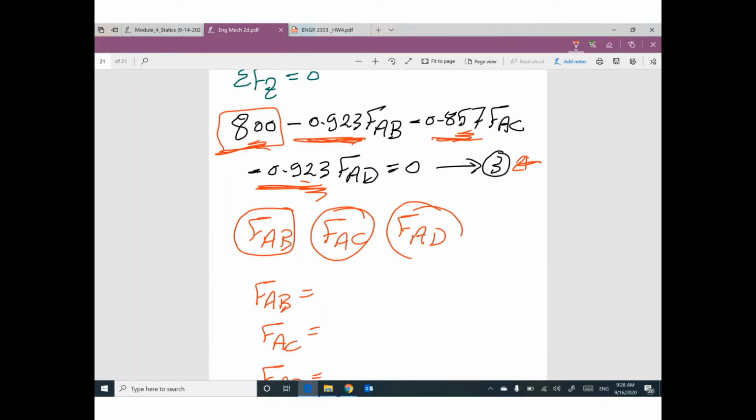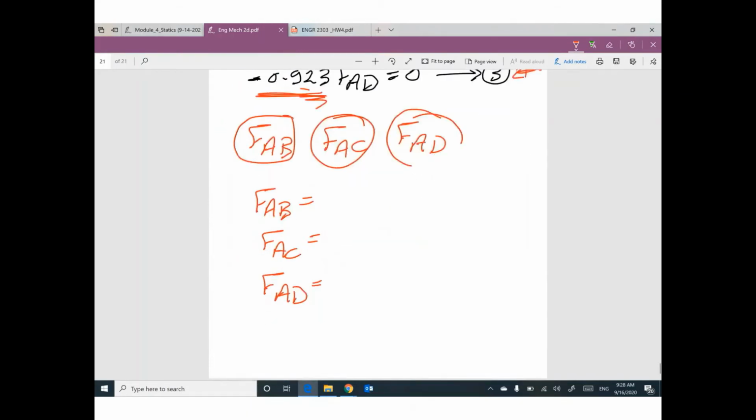So FAB will be 255.6. This one will be negative 646.7, and this one will be 521.9 Newton.